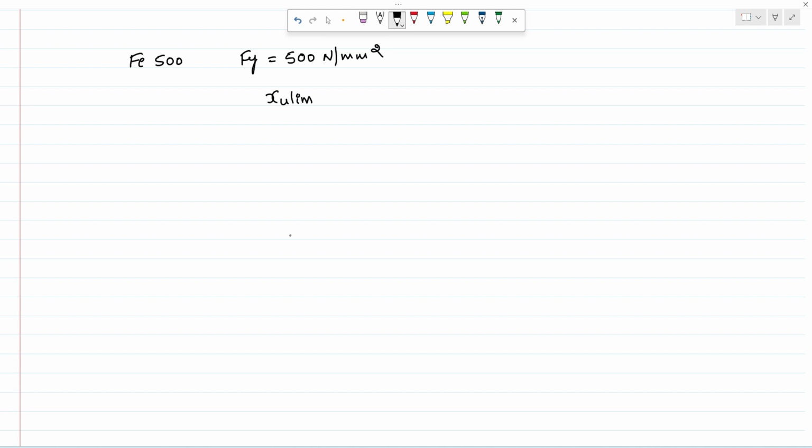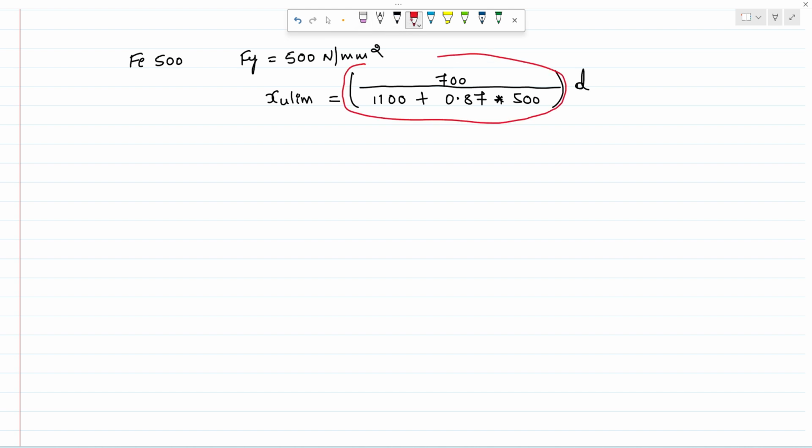So XU limit equals 700 divided by 1100 plus 0.87 into 500 multiplied by D. So if you simplify this term, you will get 0.456.